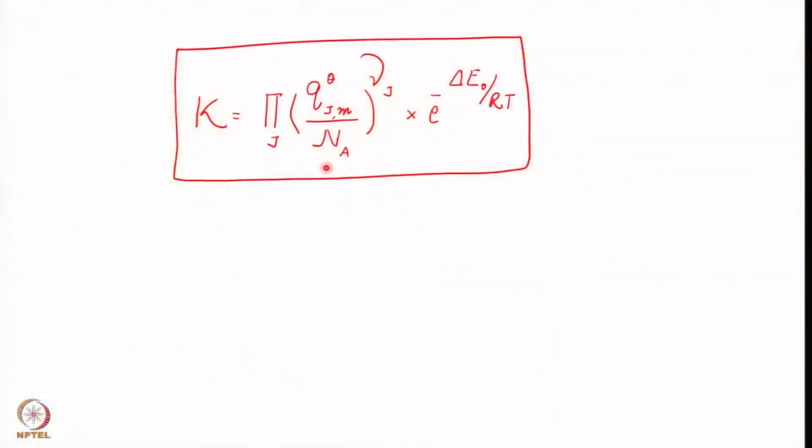In classical thermodynamics, you used to express equilibrium constant as the ratio of activities of the products and reactants. And here if you see this Na, which is included within the bracketed term, whatever is the stoichiometric number, this makes the entire thing a dimensionless quantity.